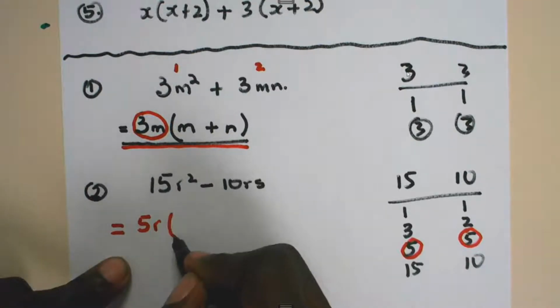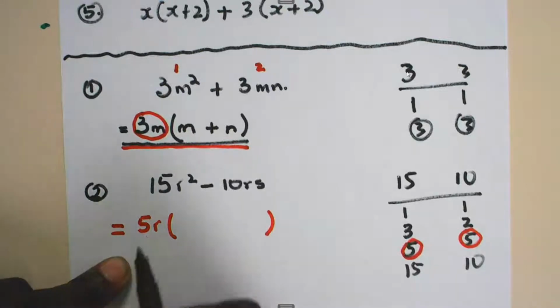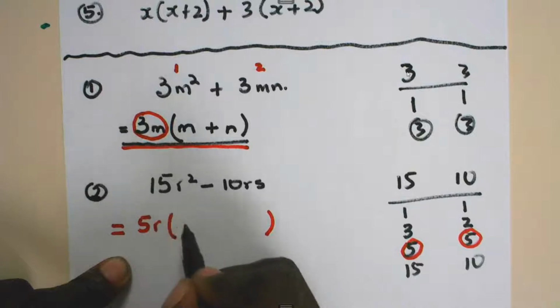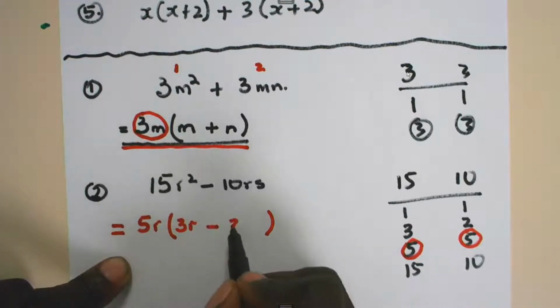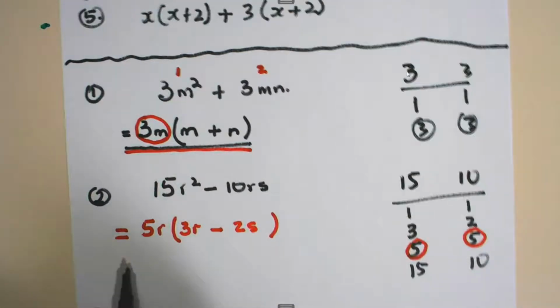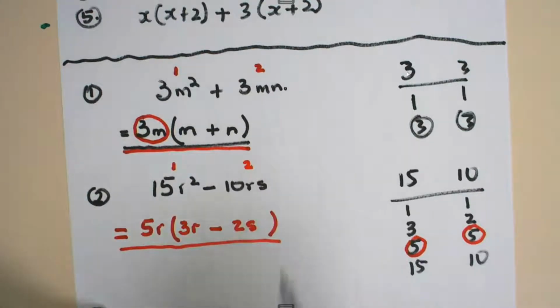Then we put our bracket, and by how much am I supposed to multiply to get 15? It is 3r and then minus 2s. It means this is our answer. From 2 terms, you get 1 term.